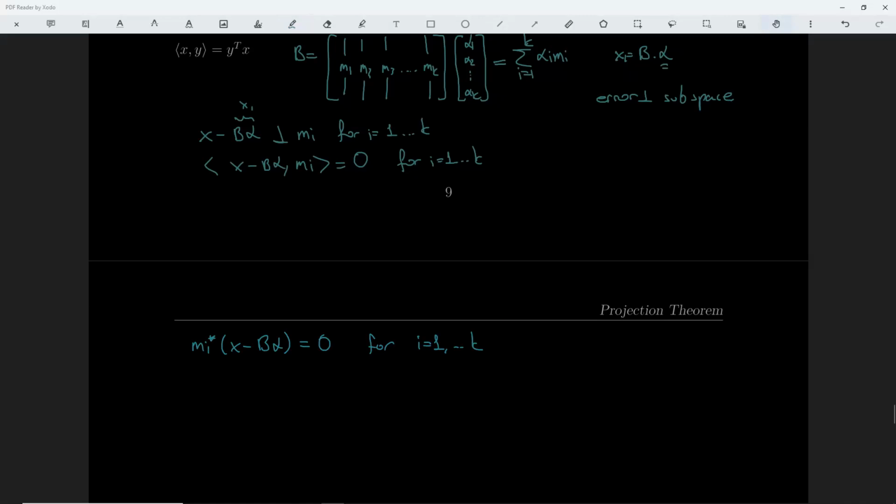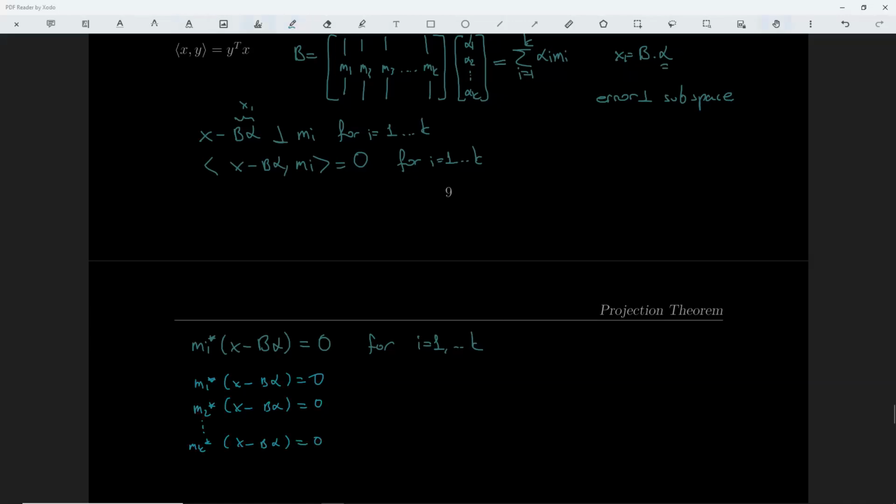And notice that if I write this down for different i values, for example, m1 conjugate transpose times x minus B alpha should be equal to 0, m2 conjugate transpose x minus B alpha should be equal to 0, and mk conjugate transpose x minus B alpha should be equal to 0.